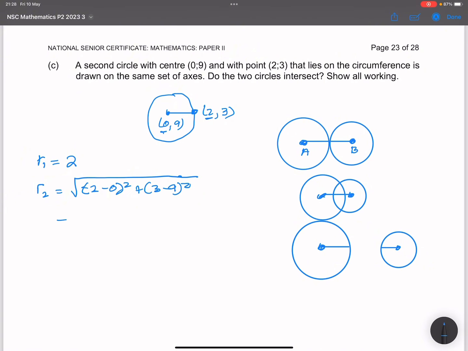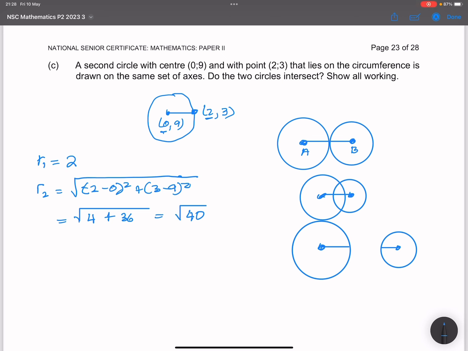So this is going to be the square root of 4, plus, now 3 minus 9 gives us negative 6, right? And negative 6 squared, that will be 36. So we get the distance there to be the square root of 40.